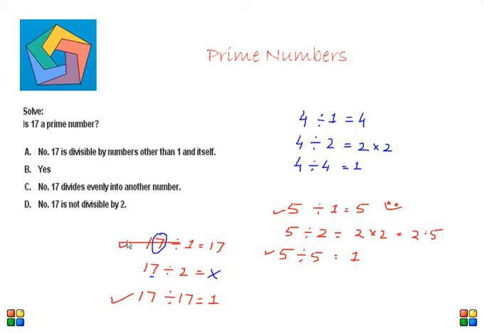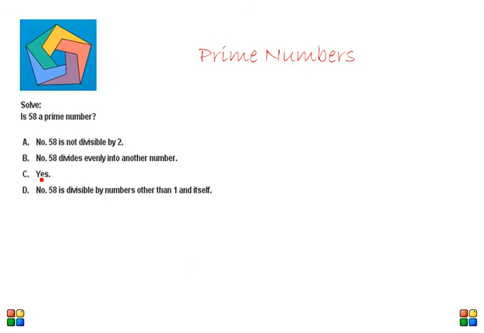So let's find out which one will be the appropriate answer. Okay, we know it is yes, and the rest of the options say no. So the answer will be B. Okay, that was easy to do.